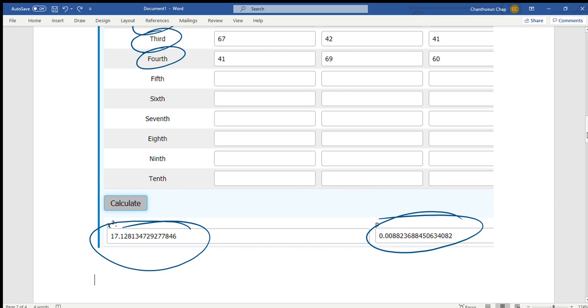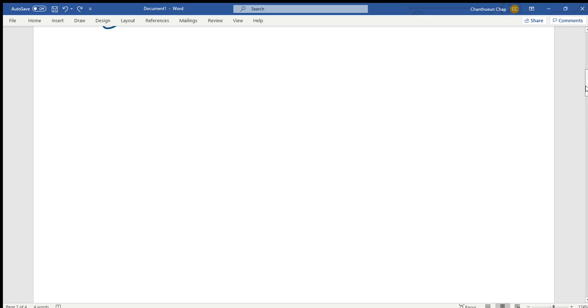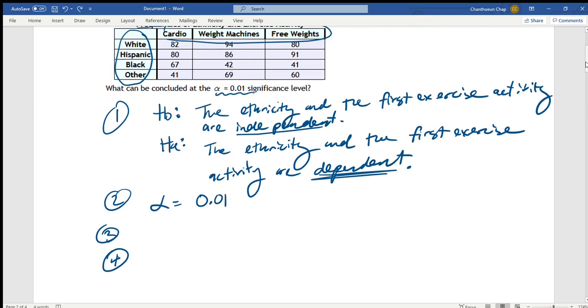So write down those numbers and we'll put those in step 3 and 4. Chi-squared is equal to 17.128. And our p-value is equal to 0.0088.